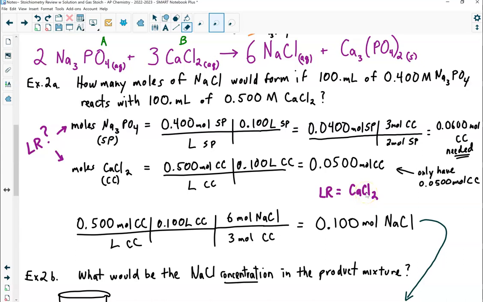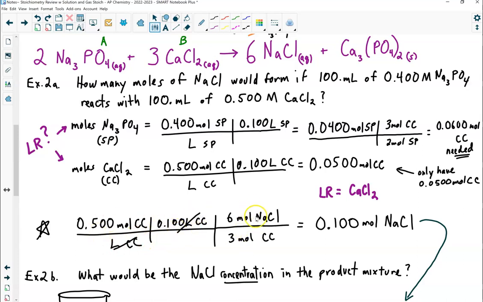In a way, that makes that amount of sodium phosphate irrelevant to figuring out the amount of sodium chloride, because it's going to be in excess, and the calcium chloride as the limiting reactant will run out, stopping production of sodium chloride. So to do the final solution here, I'm going to use its molarity times its volume to find the moles of calcium chloride.